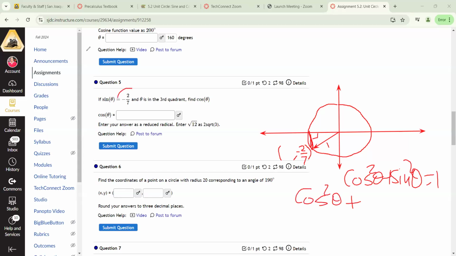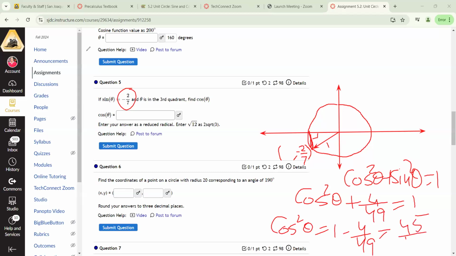Sine theta is negative 2/7. So the square of that will be 4 over 49. Then cos squared theta is equal to 1 minus 4 over 49, which would give us 49 take away 4, 45 over 49. Then you take a square root.